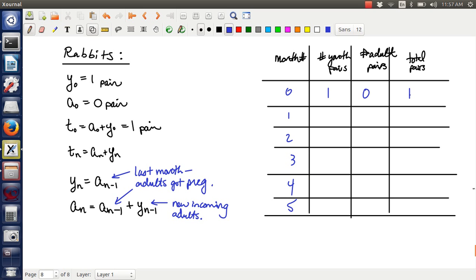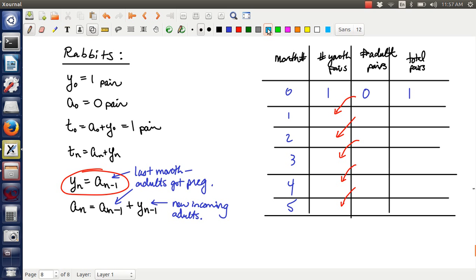So everything in blue is what we started with, and now let's figure out from all these rules what's going on. Okay, I'm going to put some arrows here. This rule says the youth of today is the same number as adults from last month. So however many adults we had last month, we're always going to copy that number down into the next youth box.